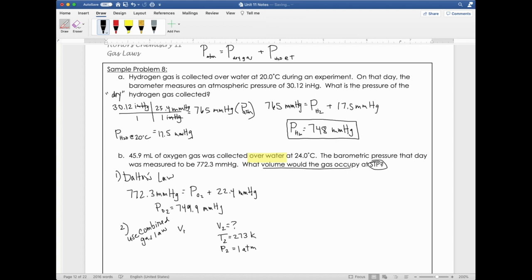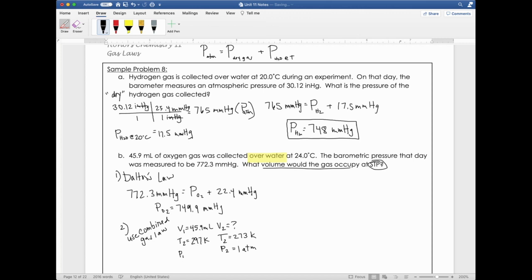I have my V1, that's this 45.9. That's the volume of the gas that we collected, 45.9 milliliters. I have the second temperature, so it's at 24 degrees. 24 plus 273 gives us 297 Kelvin. I'm just saving some room here, so I'm not writing the work out.